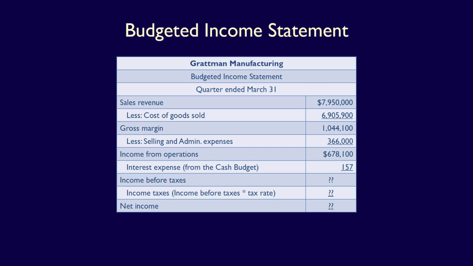But when we move it into our income statement, where expenses are input as positive numbers, we simply input $157 as interest expense. We can now calculate the income before taxes as income from operations, $678,100, less interest expense of $157, which equals income before taxes of $677,943.